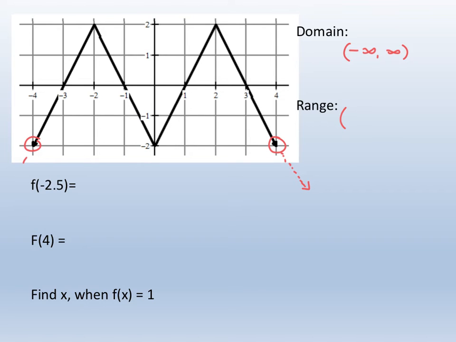Okay, they'll continue on forever. So it is negative infinity because they're going to go on to the bottom forever. But to the top, they actually peak. They stop right here, and that is when your y value is positive 2, and it includes it. So I'm going to write a bracket.